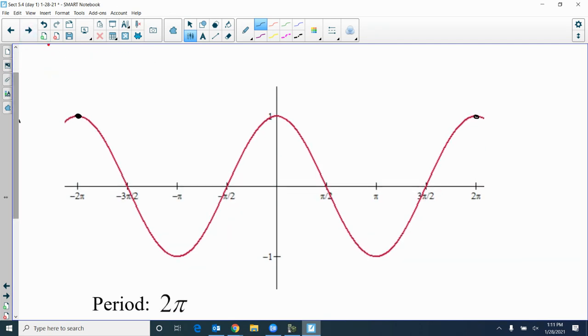Okay, this is going to be what it looks like. Start at, and even at -2 pi, it's going to start at 1, go to 0, -1, 0, back to 1.